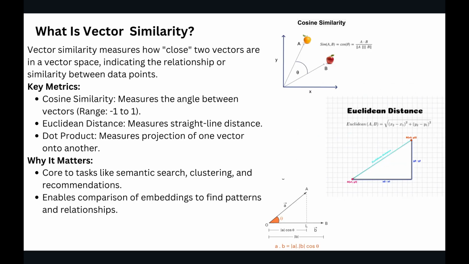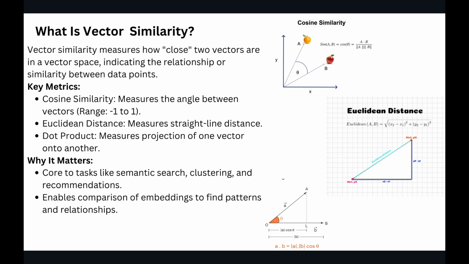What is vector similarity? Vector similarity measures how close two vectors are in a vector space, indicating the relationship or closeness between the two vectors. To measure similarity between two vectors, we use different kinds of metrics. One of the most commonly used metrics is cosine similarity.